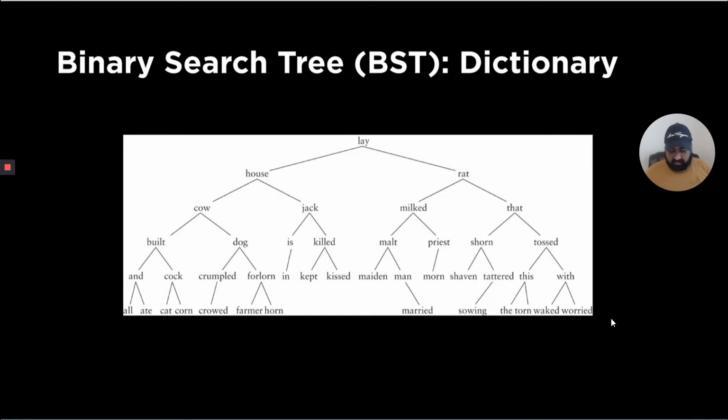In that case, we can define a dictionary where we have a binary search tree where each node stores a string, such that all elements on the left-hand side of a node, like in this case "lay", will be lesser in terms of alphabet, or all the elements here will be from A to L, and all elements on the right-hand side of "lay" will be from L to Z. So all the words that start from A till L will be on the left-hand side, and all words that start with L and terminate with Z will be on the right-hand side.